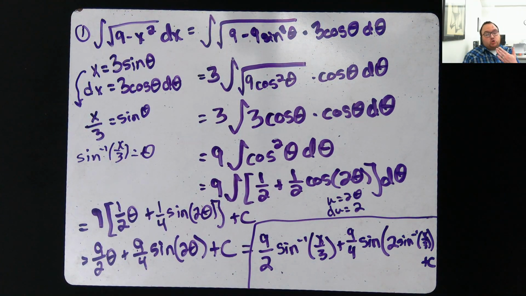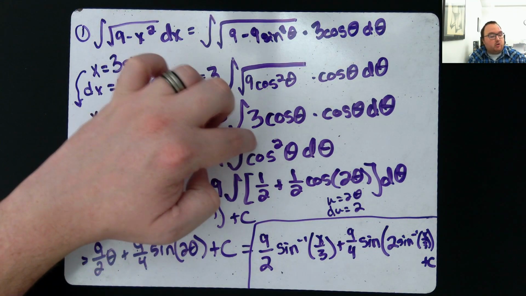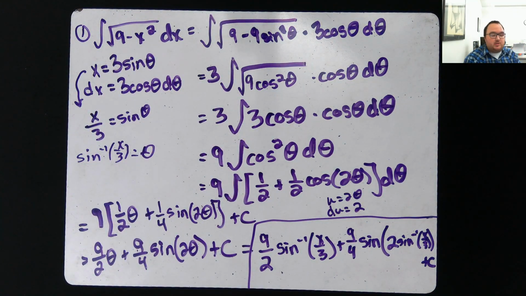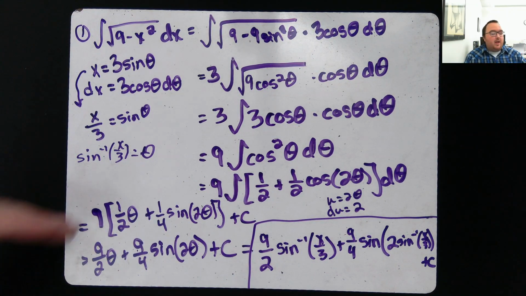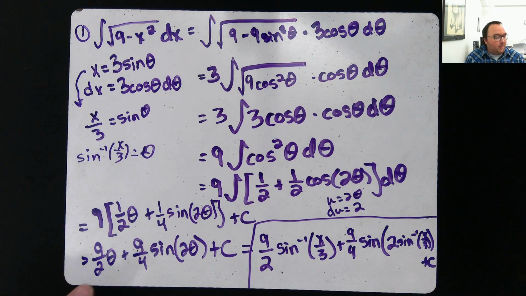Our trig rule from section 3.2 was that I can rewrite cosine squared as 1/2 plus 1/2 cosine 2 theta, which I can then take the antiderivative of and then make sure we plug back in what theta was so that I have it in terms of x. If any of that doesn't make sense, please let me know. I will help you out. I can stop here because there's no way to simplify all of this stuff.